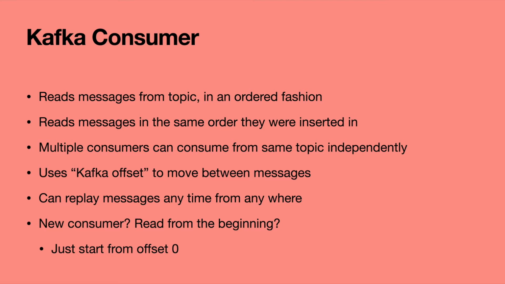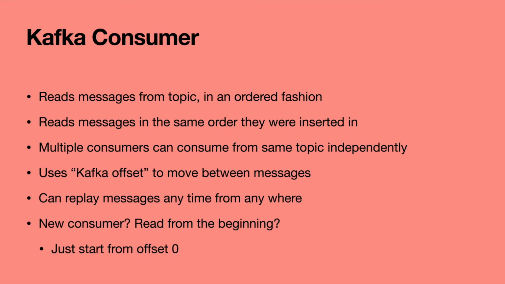In the food ordering example, let's say we had 10 orders and we inserted them in the correct order: 0, 1, 2, 3, all the way to 10. When you're reading from that topic, you're going to maintain the order, so you start from 0 and go all the way to 10. This is one of the most important features that Kafka provides, the guarantee that you're going to be reading in order.